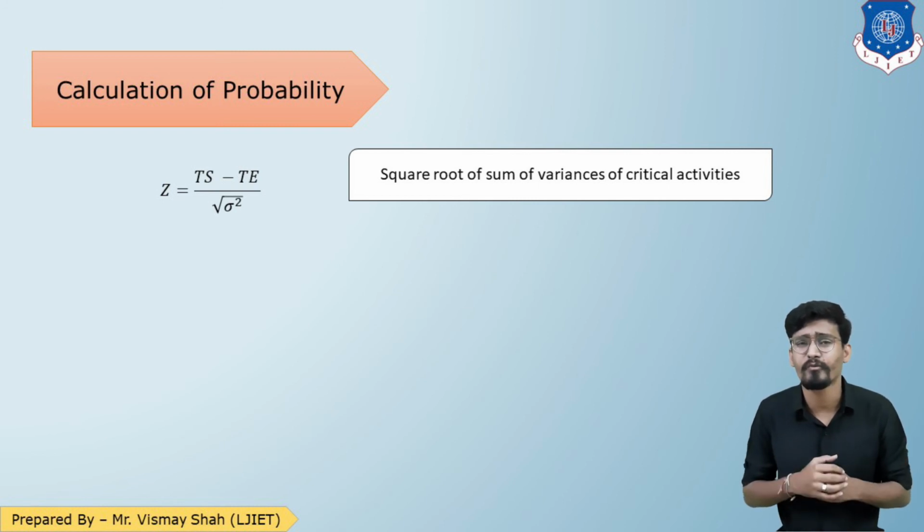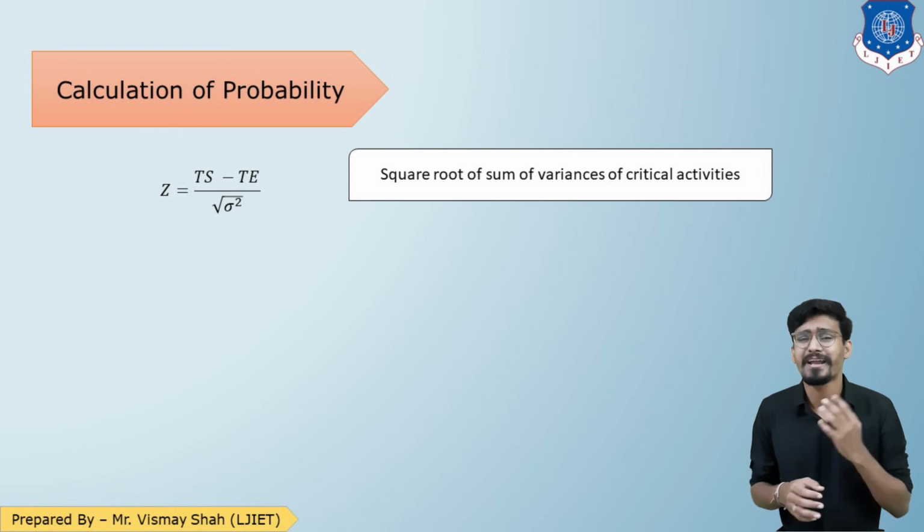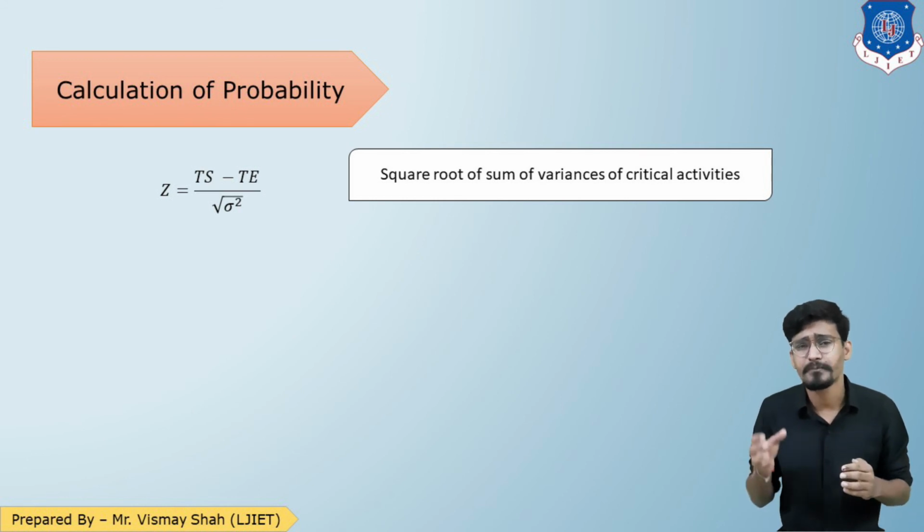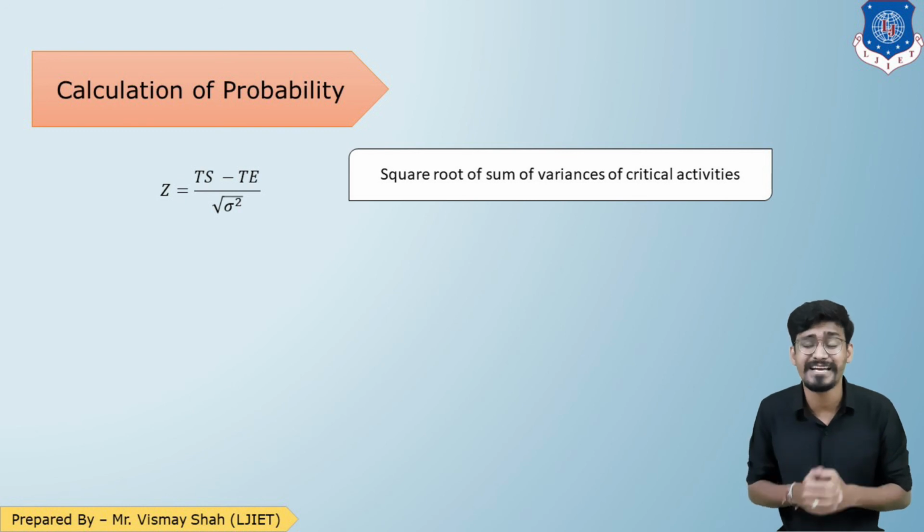So first we need to find the variances. In that three-estimate table, TO, TM, TP, we have calculated TE. Now let us prepare another column of variances. The formula for variance is TP minus TO divided by 6, the whole square.